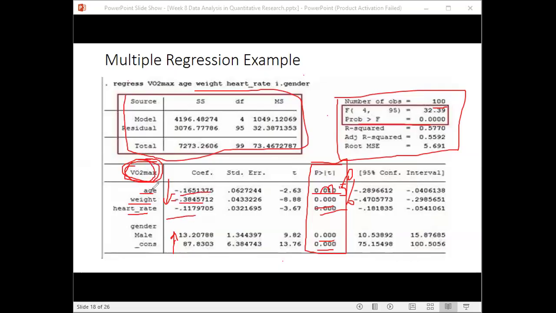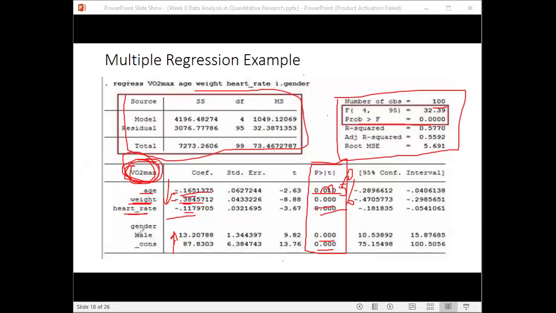So if age increases by 1 year, assuming you are measuring your age in years, if weight increases by 1 kilogram, assuming you are measuring your weight in kilograms, if your heart rate increases by 1 unit, whatever you are using to measure your heart rate, it is going to reduce the dependent variable by so and so. It's going to reduce it by 0.11, 0.38, or 0.16, and so on. That's how you interpret it.